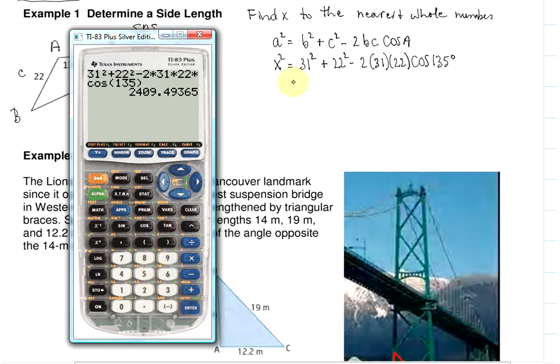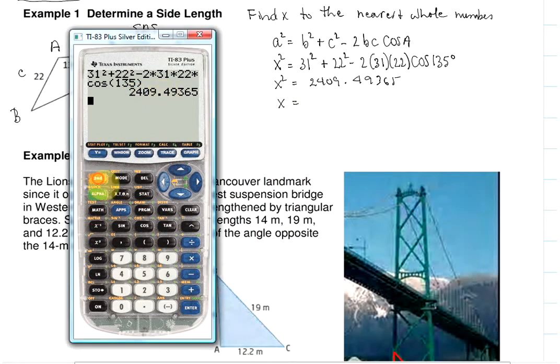and enter. And then I find that x squared is equal to 2409.49365. But I want to find x, so that means I need to take the square root of 2409.